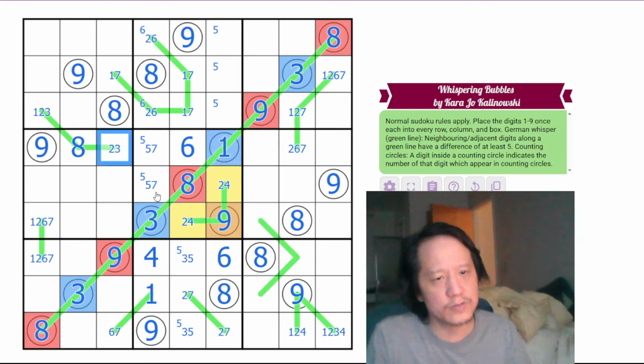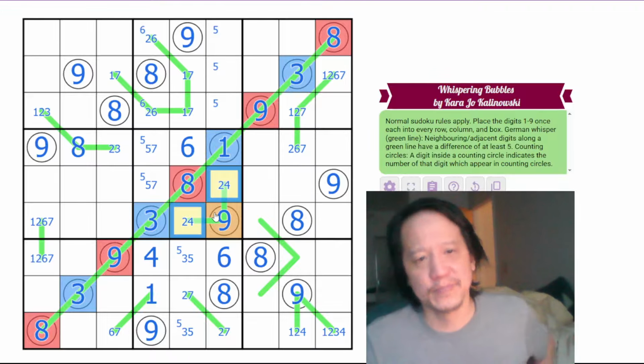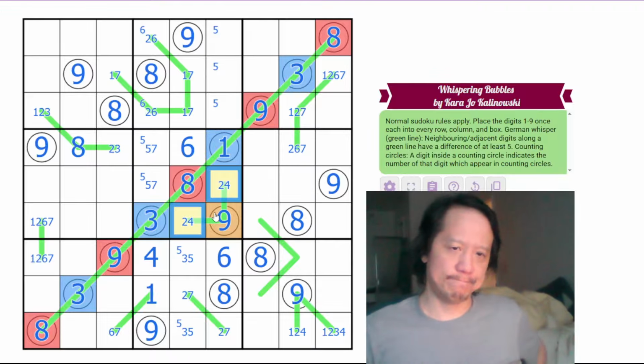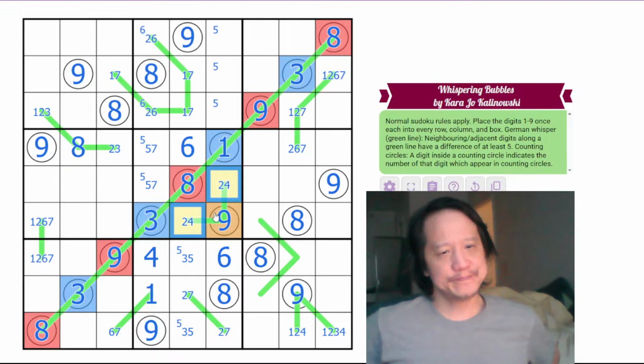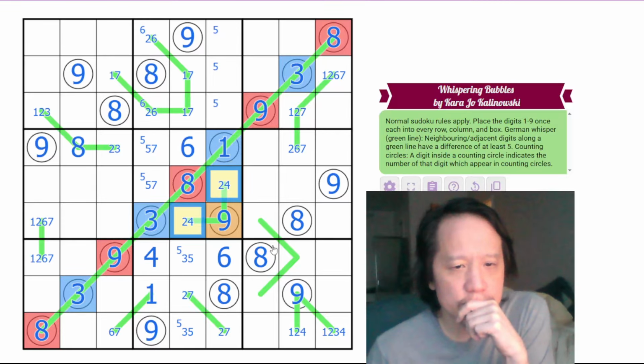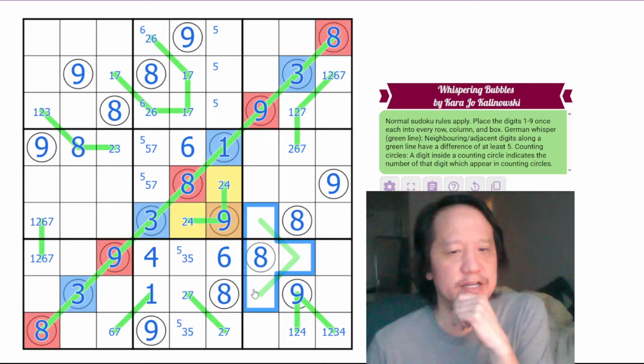This 1 eliminates 1 here, so that's 2 or 3. I don't know. This is looking like it's fine. Yeah, it's looking like it's fine. I was hoping to reach a contradiction, but it's not looking like one.